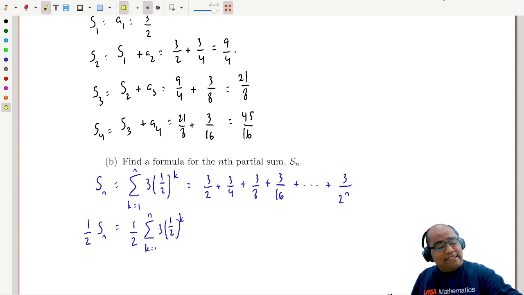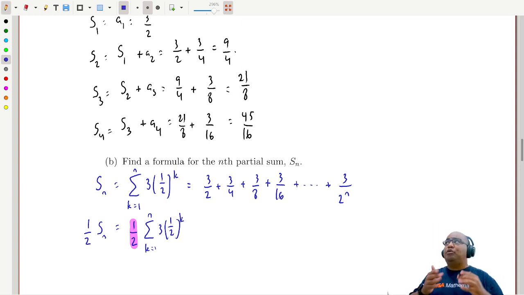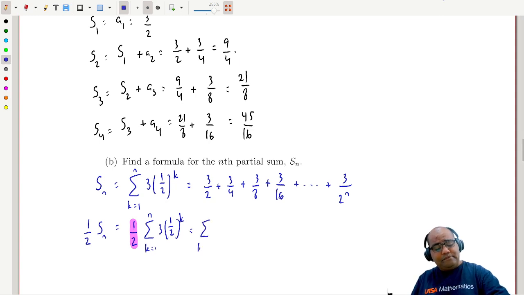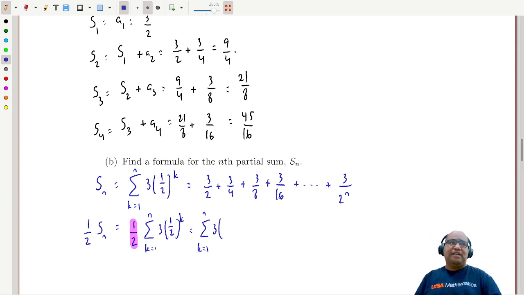And because this factor is independent of k, I can go ahead and push it inside the sum. So we're going to write the following. The sum from k equals 1 to n of 3, well, 1/2 times 1/2 to the k. Well, that's 1/2 to the k plus 1.